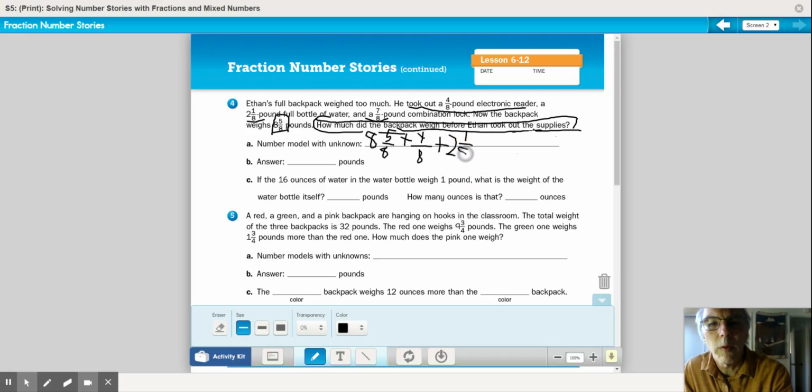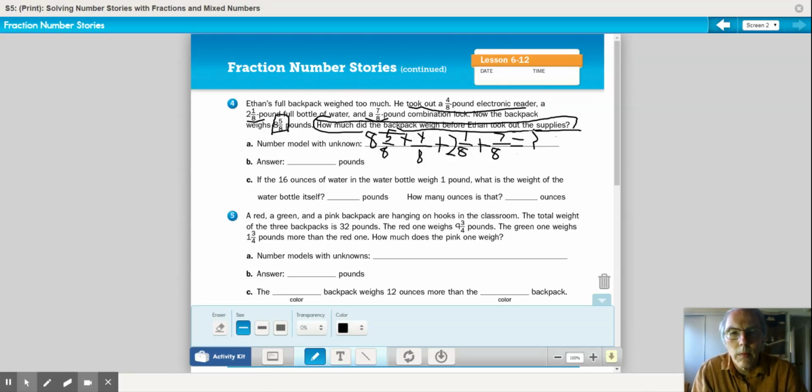If we add that one, and then we add 2 1/8, and then another 7/8. Okay, and that'll equal question mark, the unknown.